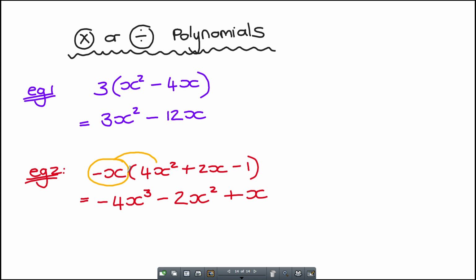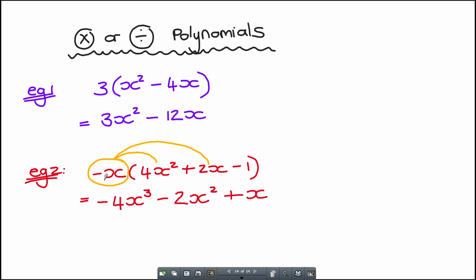A minus times a positive will give me a minus. Okay. There's actually a 1 written here. No? So 1 times that 4 gave me 4. And x times x squared gave me x to the power of 3. Yes. Okay, then minus x must also be multiplied with a 2x.